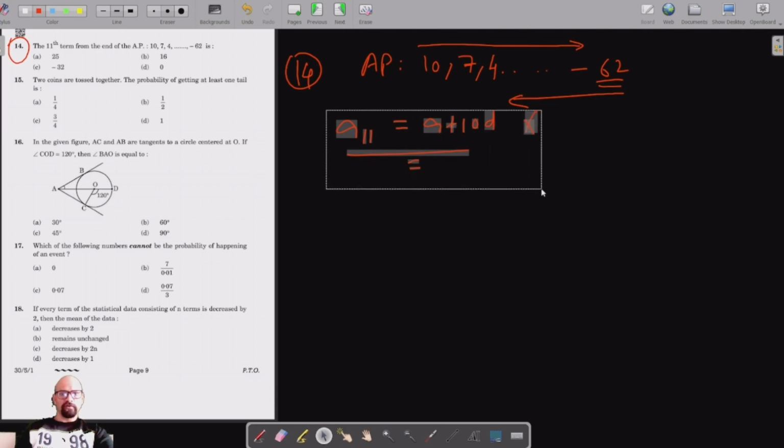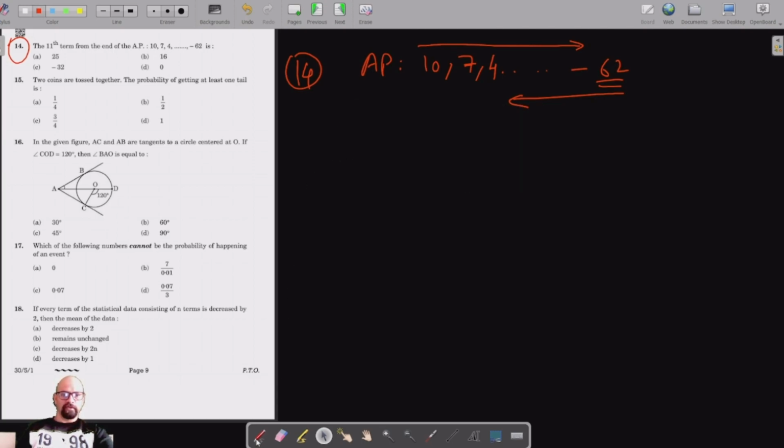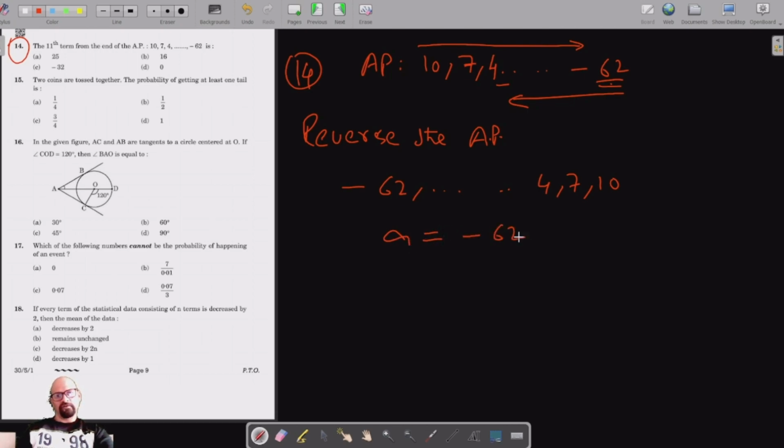So in that case, we are going to use the same formula of the nth term, but we are going to reverse the AP. Reverse the AP and it will still be an AP. So if we reverse the AP, this is minus 62 and then comes 4 and then 7 and then 10. Now we have reversed the AP. Our first term is minus 62 and d is 7 minus 4, which is equal to 3.